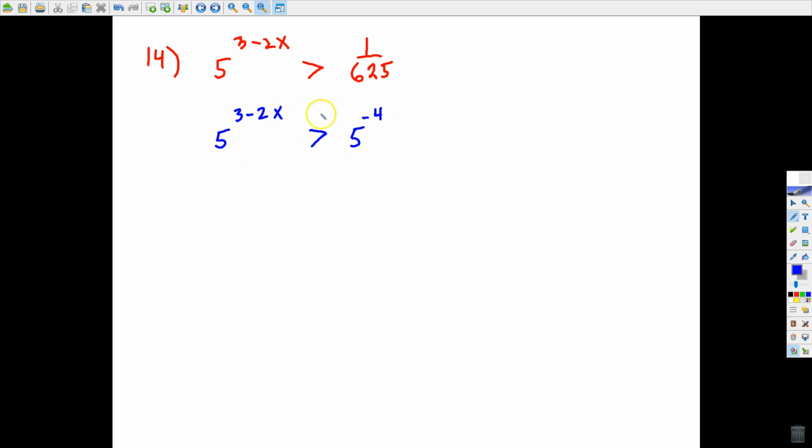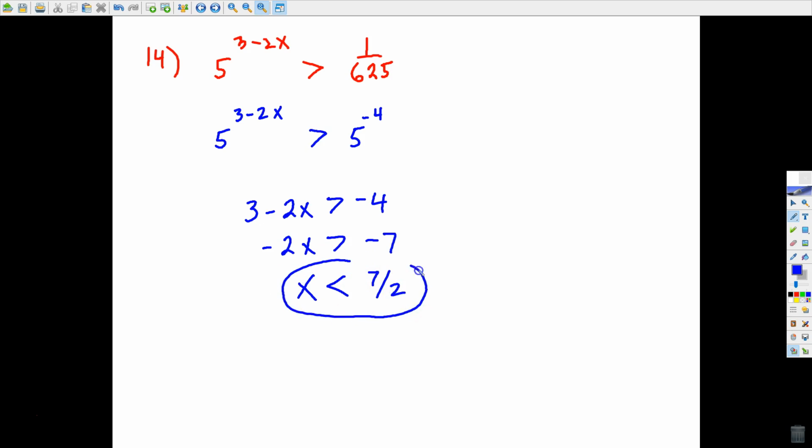Okay, now I just focus on the exponents. They will become the inequality that I will solve. All right, so I'm going to subtract 3 from both sides. And now I'm going to divide by negative 2, and we have to remember whenever we divide or multiply by a negative number, when an inequality is involved, we have to switch the inequality direction. And so my answer here will be all the numbers less than 7/2.